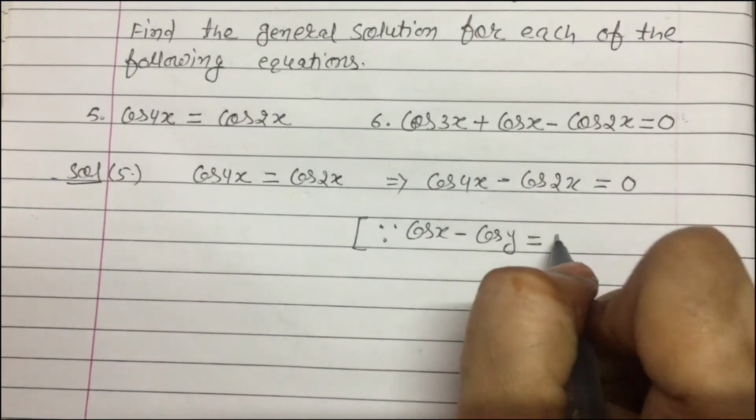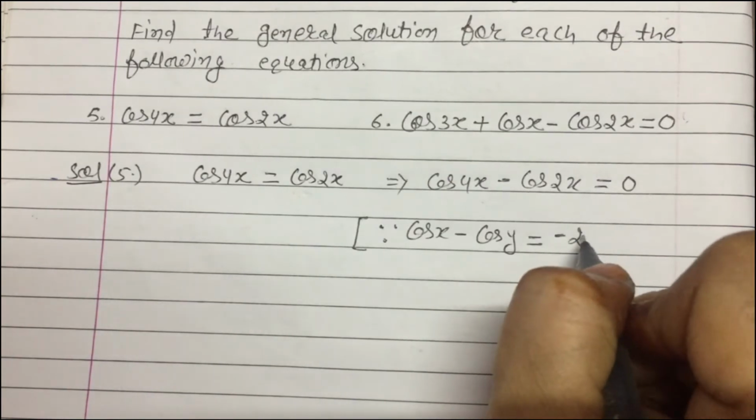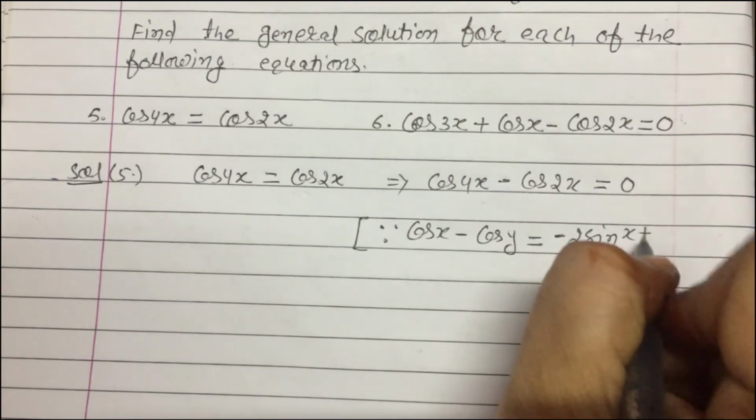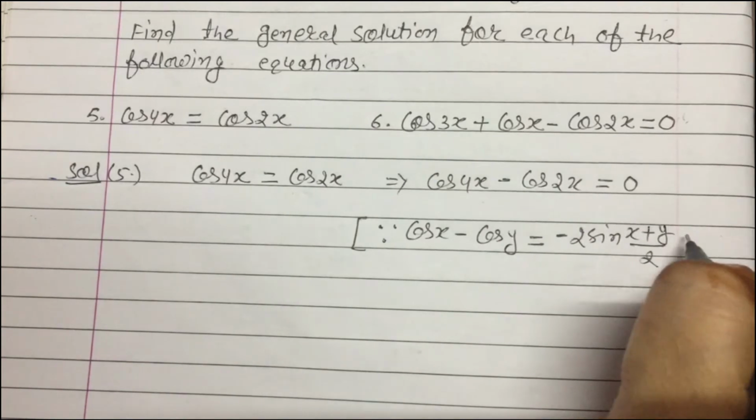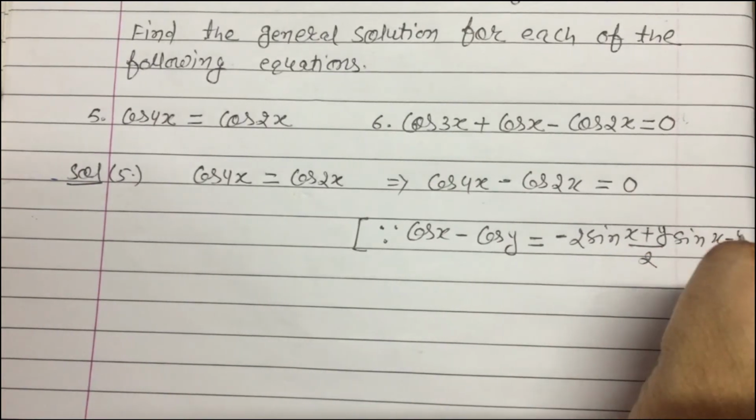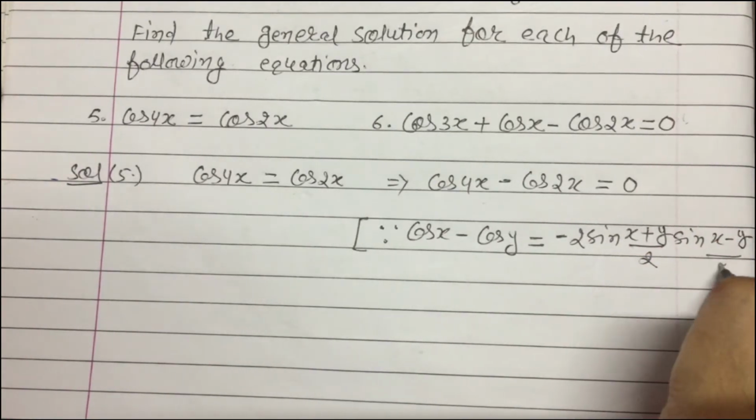The formula is minus 2 sin of (x plus y) upon 2 times sin of (x minus y) upon 2.